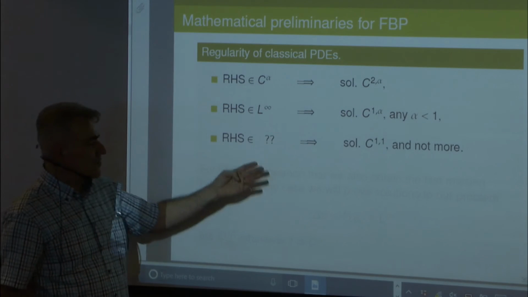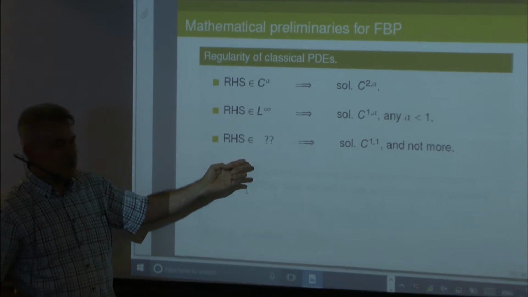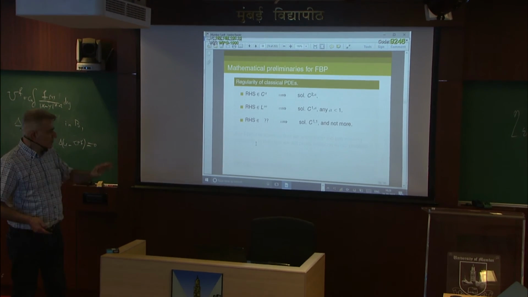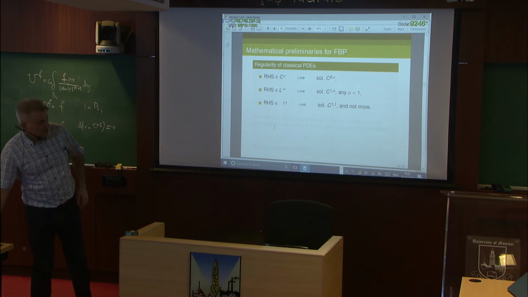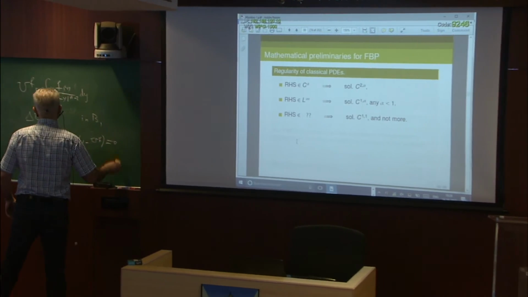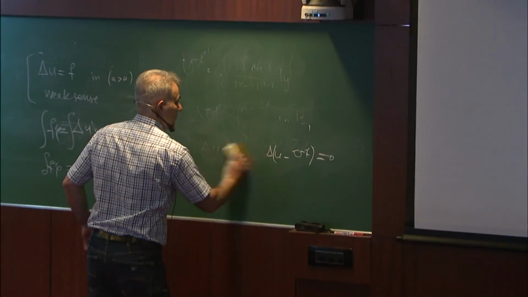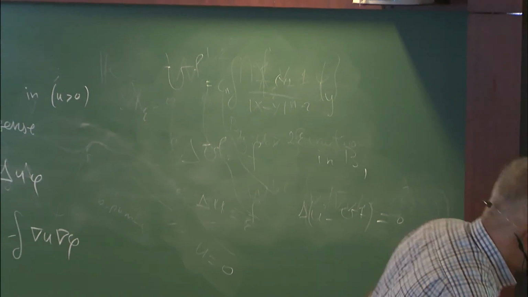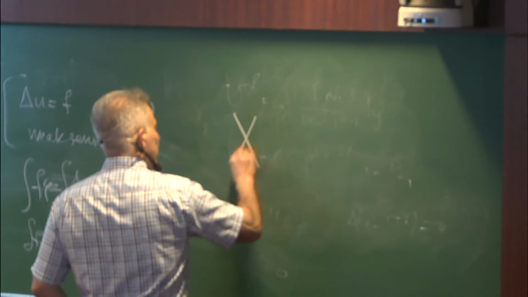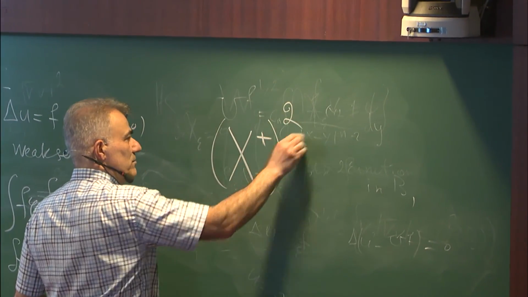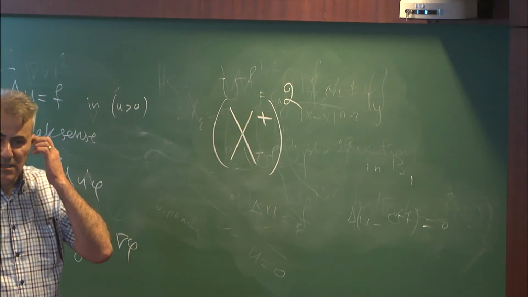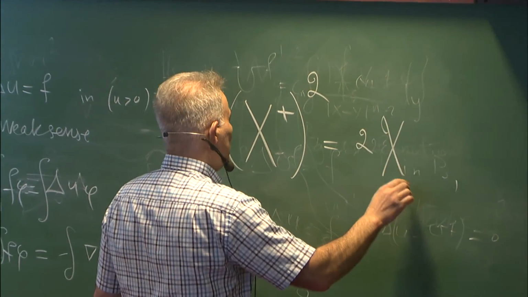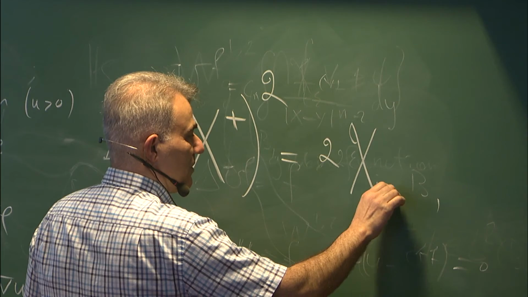So I'm asking you what to put here. What to put on this side to get C1,1? I want to push alpha to be 1. Just to look at a very simple example: if you take the function x plus to the power 2, the Laplacian of this function is 2 times the characteristic function of x positive.